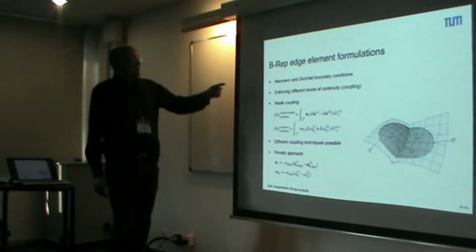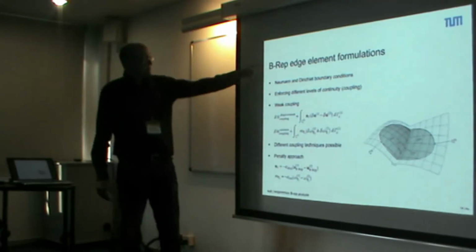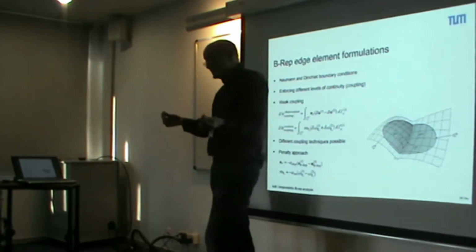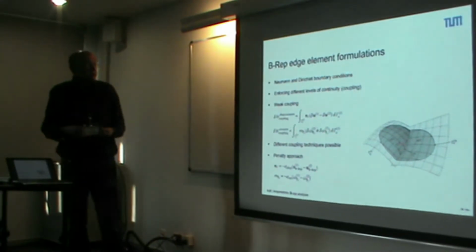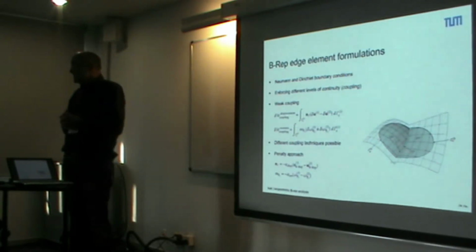So what we introduced, or what Kai-Uwe Bletzinger did, was to make use of this additional information about the cutting line as a curve parameterization, and that's exactly what he calls the BREP edge elements.